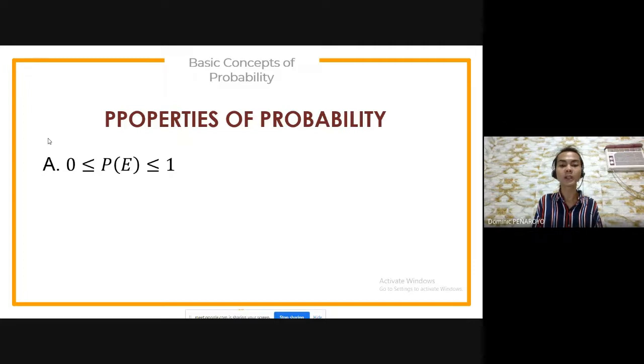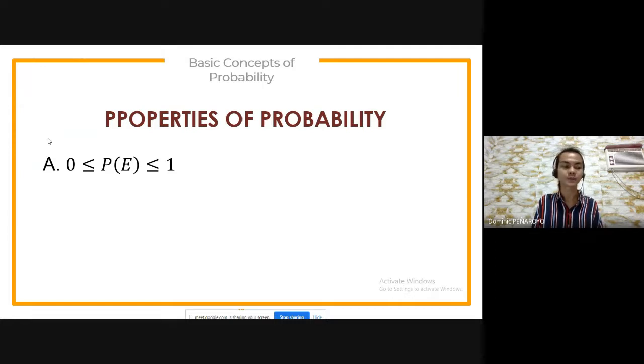Otherwise, the probability is a fraction or decimal between 0 and 1. And please take note, probabilities are expressed as reduced fractions.